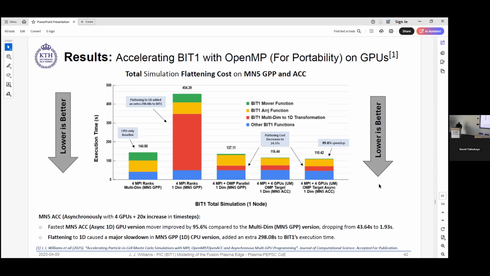I don't have the plot here because I know what you want. I'm not showing it because Stefan actually asked this exact question. I ran the 28 MPI ranks using the full node, and it's actually still slower.